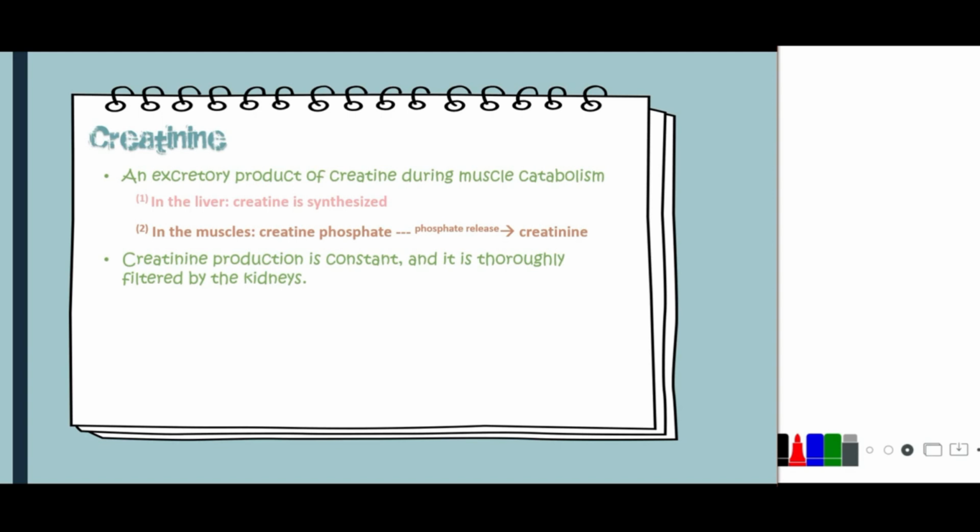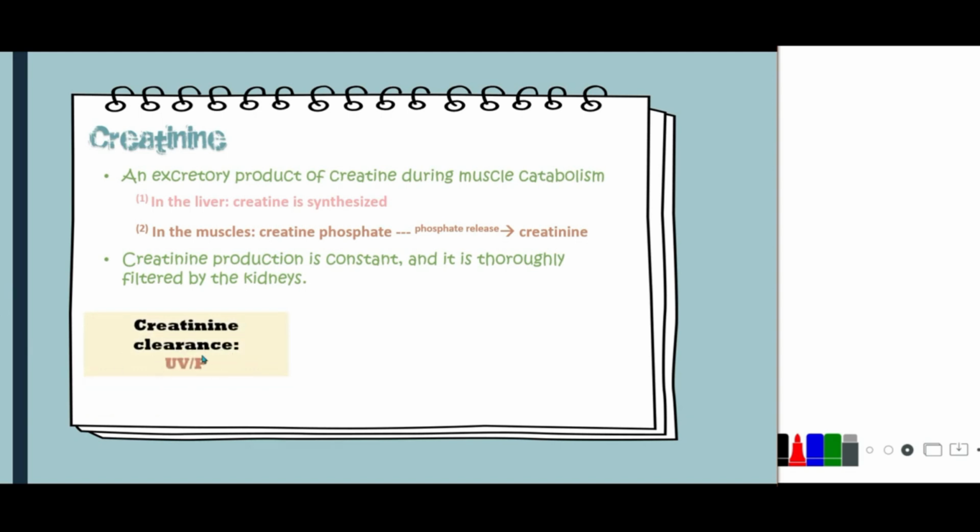Because of these characteristics of creatinine, it has been utilized as an indicator of renal function, particularly when it comes to the glomerular filtration function of our kidneys, which is why we make use of creatinine clearance.